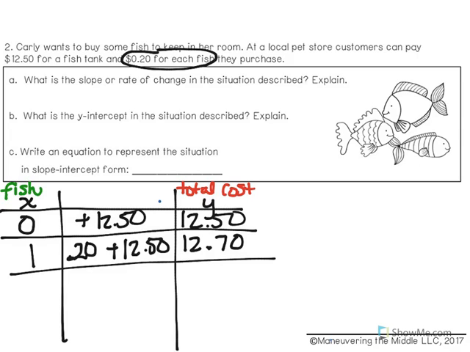What I notice I'm doing is multiplying by the 20 cents. If I'm multiplying 20 cents each time, then I'm taking my x, multiplying it by 20, that is my slope. My slope is what I'm multiplying by. So my slope is the 20 cents.